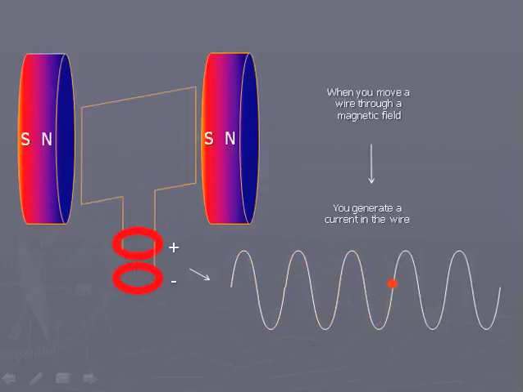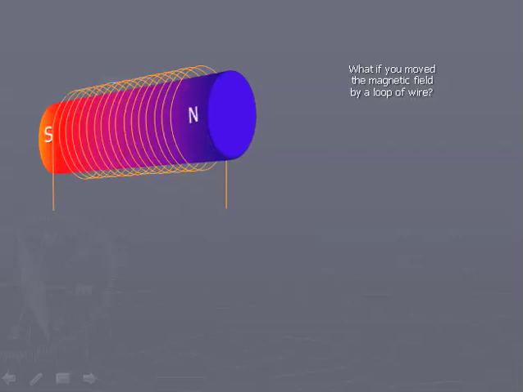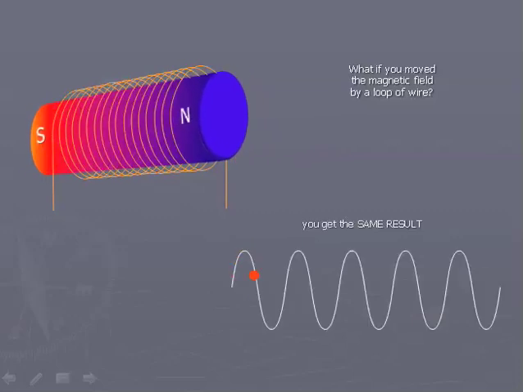But what about the instance where the magnetic field is moving and the wire is stationary? Slide 5. In the event that the magnetic field is moving through a stationary wire, like in this animation, you get the same result: current in the wire. Slide 6.